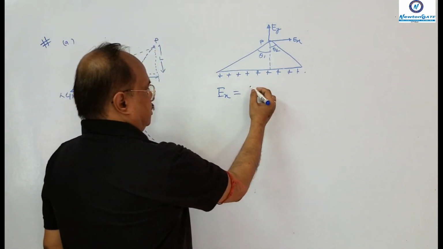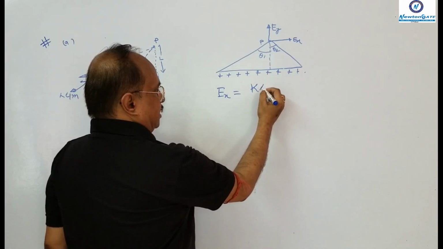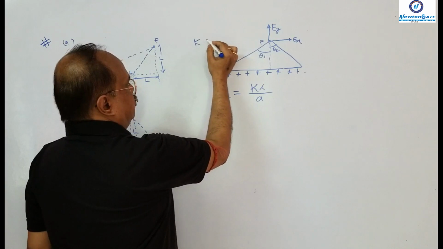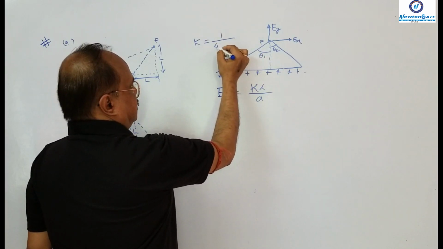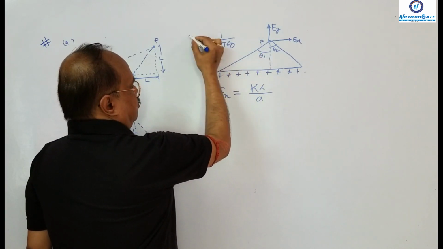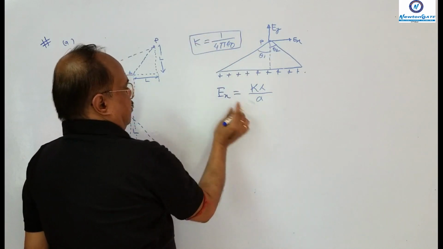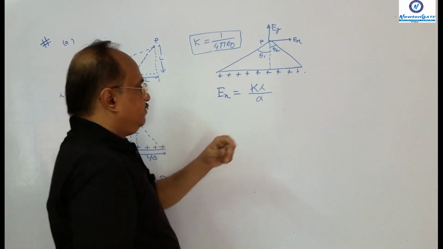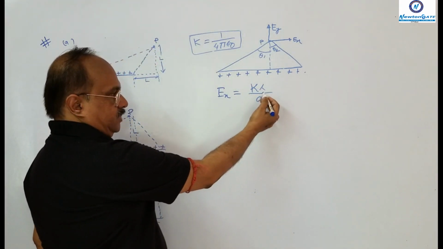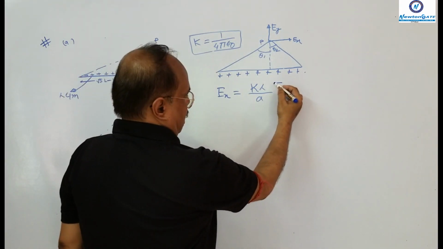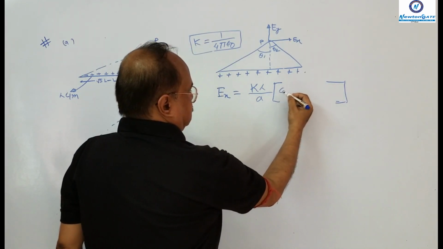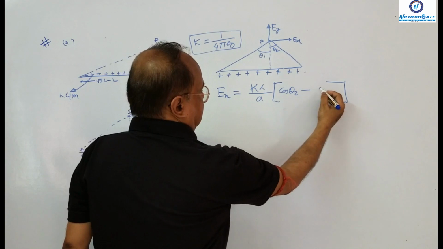It will be equal to k lambda by A, where K is equal to 1 by 4 pi epsilon naught. You do not have to write this every time. So just write k lambda by A, times cos theta 2 minus cos theta 1.